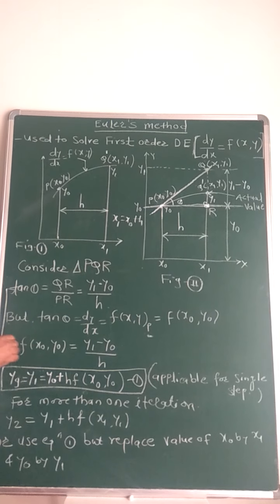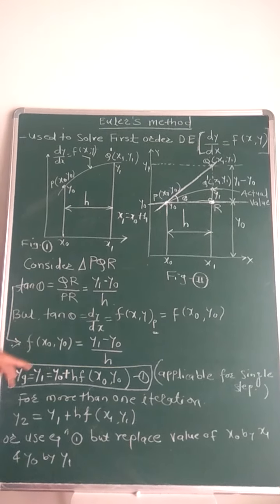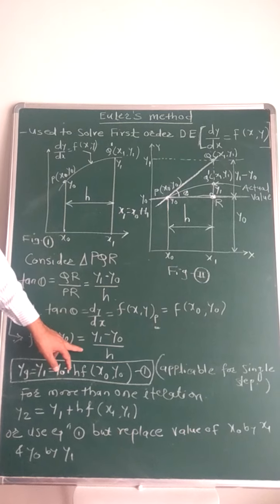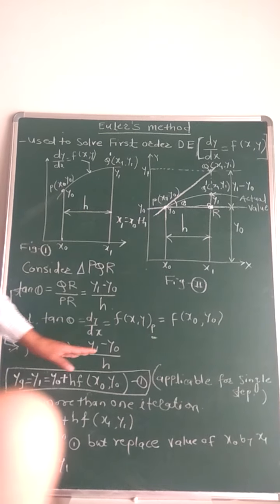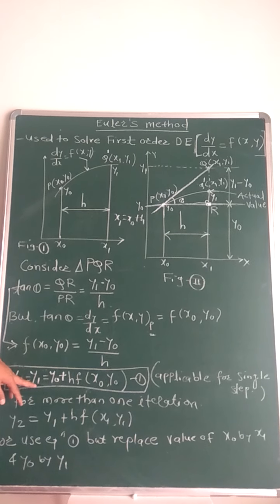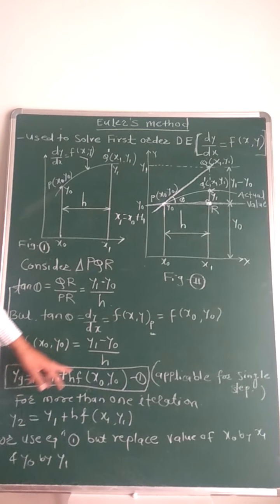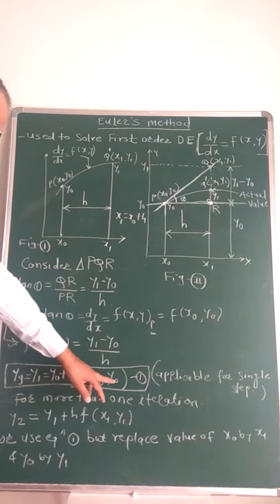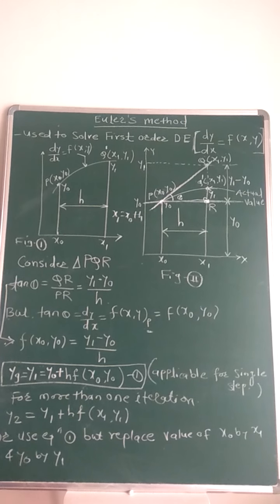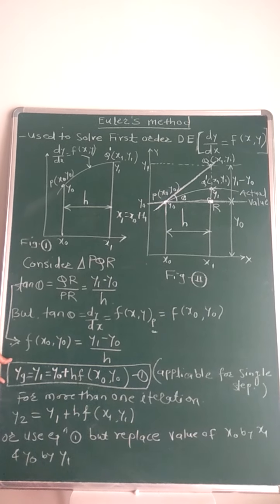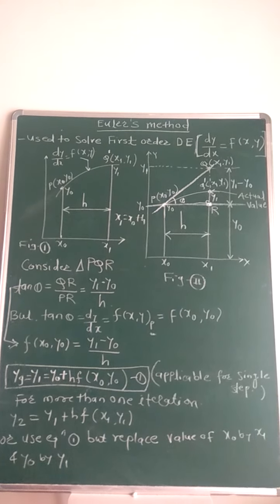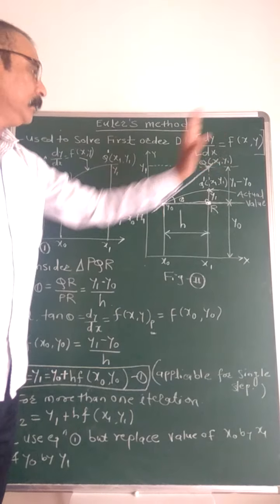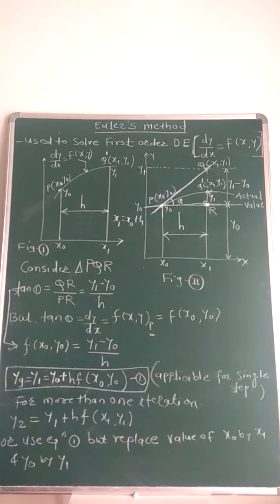Therefore this equation becomes f of x0, y0 is equal to y1 minus y0 upon h. After simplification, this y1 is equal to y0 plus h times f of x0, y0. This is called Euler's equation, which is used to solve the first order differential equation of the type dy by dx is equal to f of x, y.